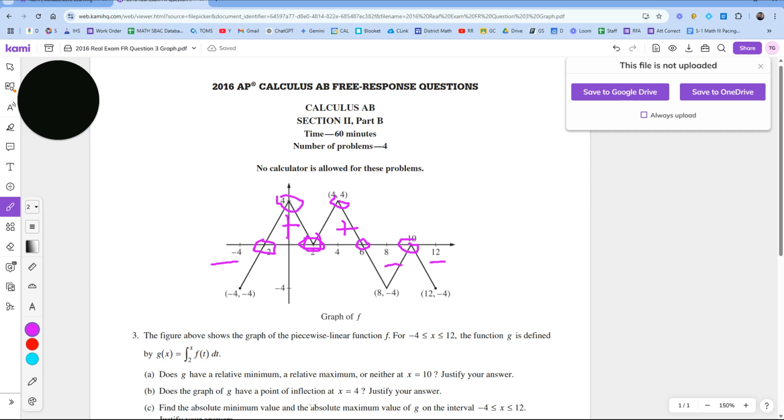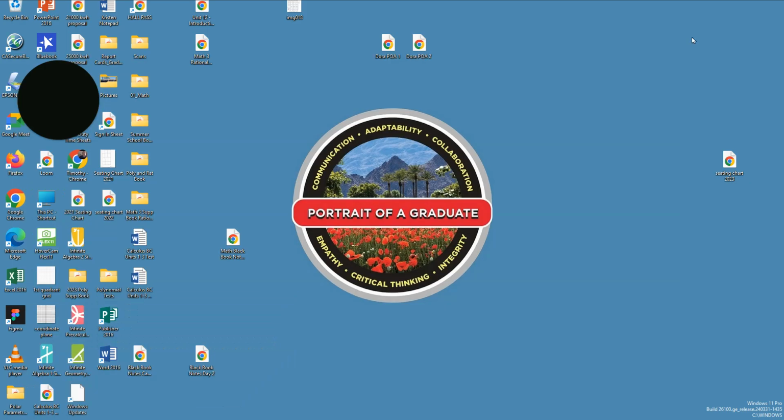And it says, does the graph have a turning point at x equals 4? So we're just looking at 4. So let me erase the rest then. So if I only look at 4 right here, can you see it changes from increasing to decreasing? So therefore there is a point of inflection at 4 because the signs change there. So let's write that down.